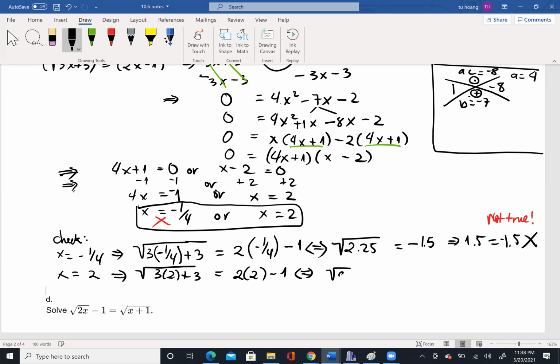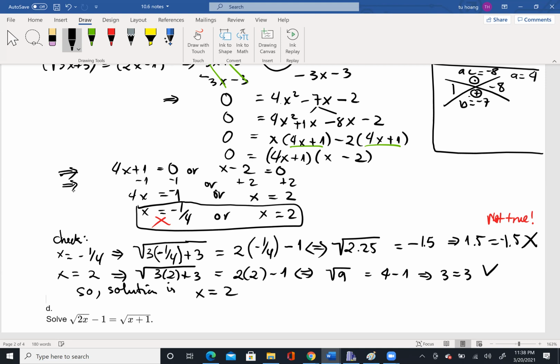So square root of 9 equal to 2 times 2 is 4 minus 1. And then that gives me 3 equal to 3. And that is a true statement. So the solution is x equal to 2.